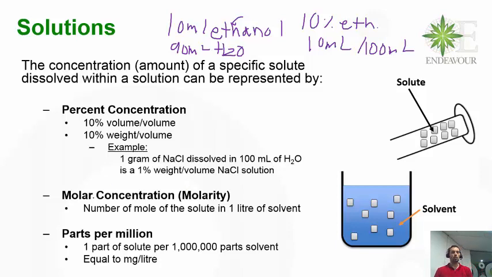We can also use something called molar concentration or molarity, which is basically relating the number of moles of your solute to 1 liter of solvent. So how many moles are present per liter?